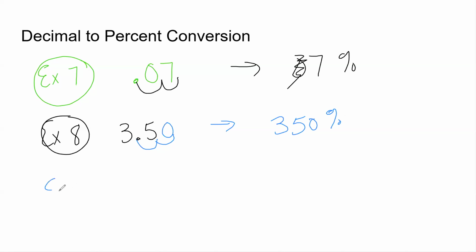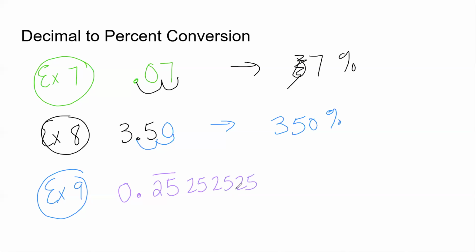And I'll do one more repeating just for fun here. Let me find a good one here. 0.5. No, I think I already did something like that. How about 0.25, repeating on both. So that means there's 2 5s like all day. 25, 25, 25, 25, 25, right?